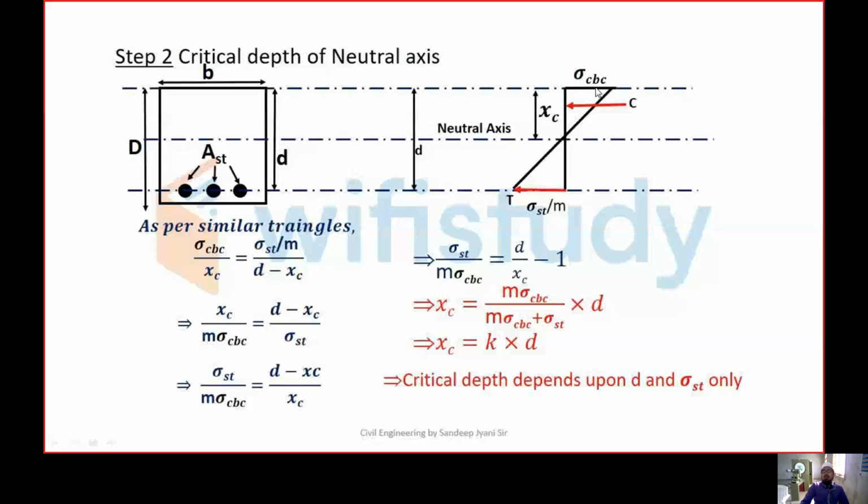In the topmost fiber of the concrete, the maximum stress is sigma CBC, and the depth is XC, that means the critical depth of neutral axis. Whatever the section might be, whether under reinforced, over reinforced, or balanced, we know the depth of the critical axis, or the depth of the ideal neutral axis.